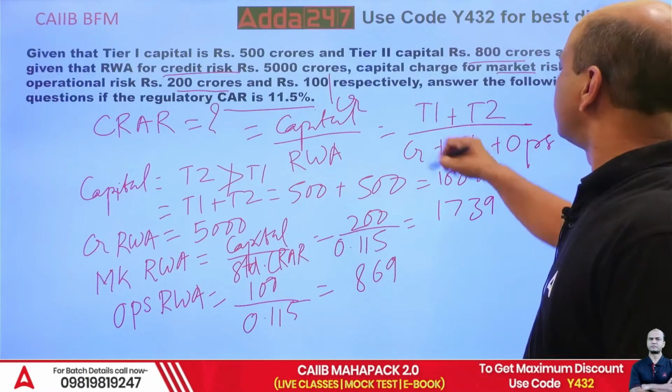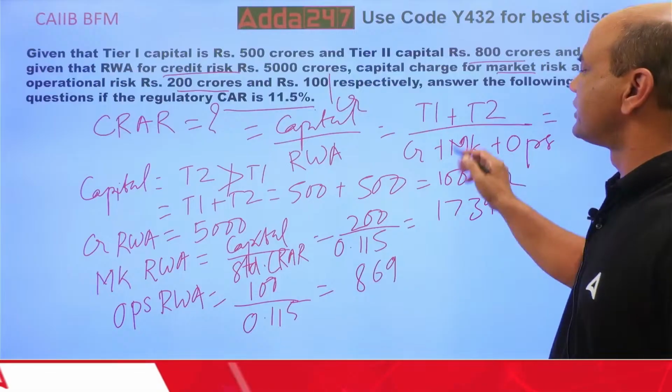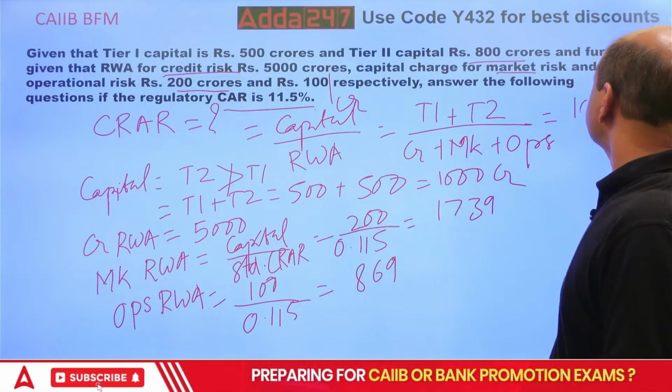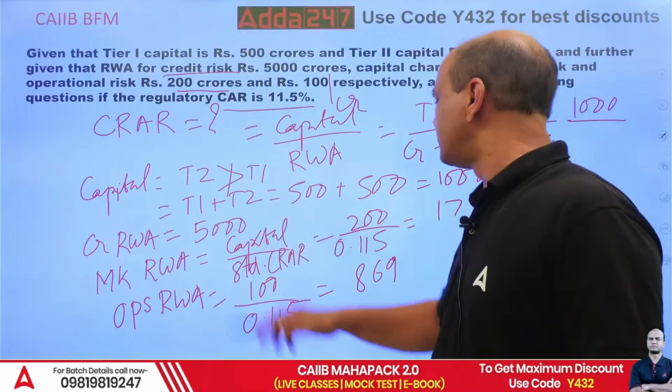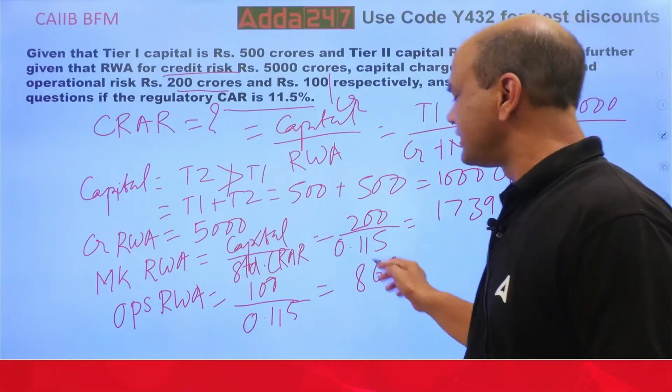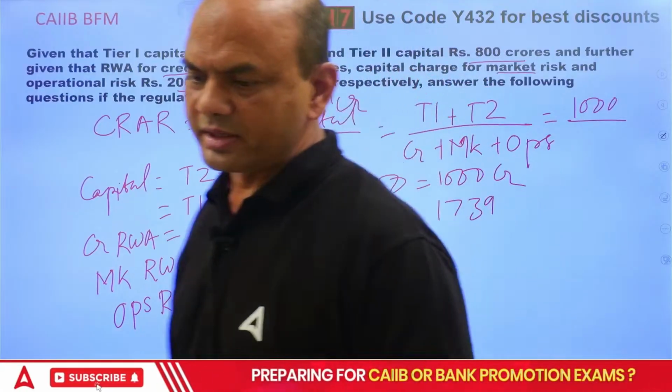CRAR equals, look at this, I'll write it over here now. What is T1 plus T2? 1000. Upon, what is your total RWA? 5000 plus 1739 plus 869. Do it. Everyone, try this.